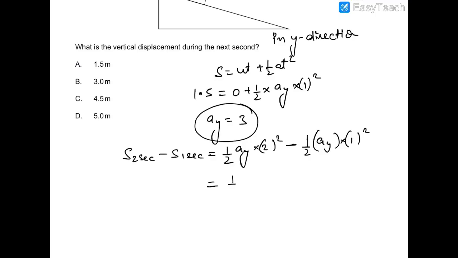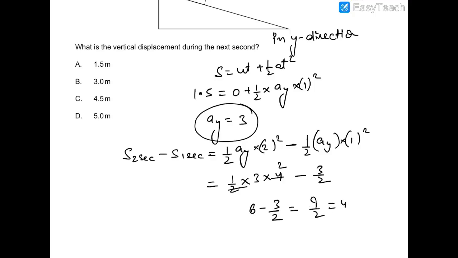So it is half ay is 3, and this is 4, minus 1.5, which is 3 by 2. So this will be equal to 6 minus 3 by 2. So it is 12 minus 3 by 2, which is 9 by 2.